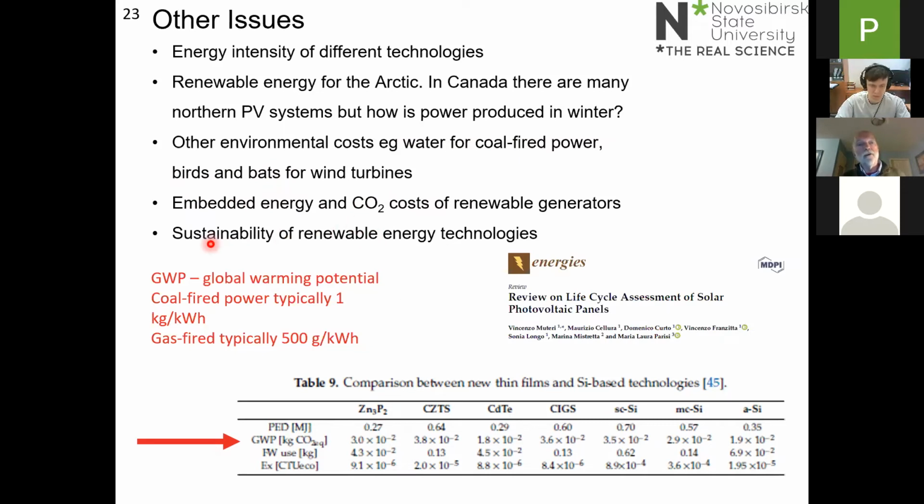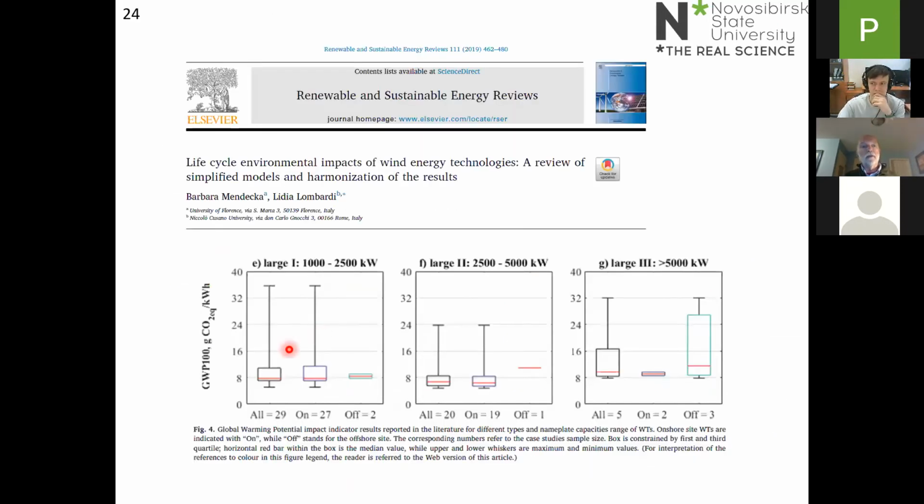And there's general issues of sustainability of renewable energy resource technologies, because even though they produce substantially less carbon dioxide per kilowatt hour than conventional power generators, there's still room for improving on them and get those numbers even lower. So here's typical numbers for wind turbines of different sizes.